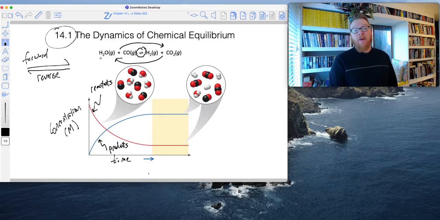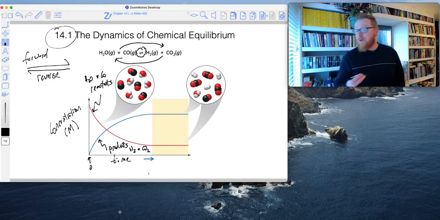Now, I just talked about how these reactants can react forward into making products, but then these products can also function as reactants and work their way backwards. So when we see this graph at time 0, our reactants are the H2O and CO, and our products are the H2 and CO2.